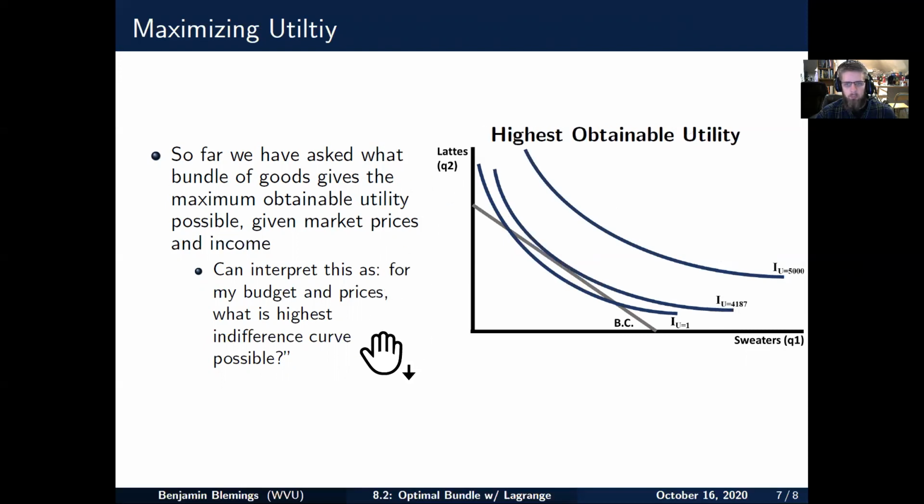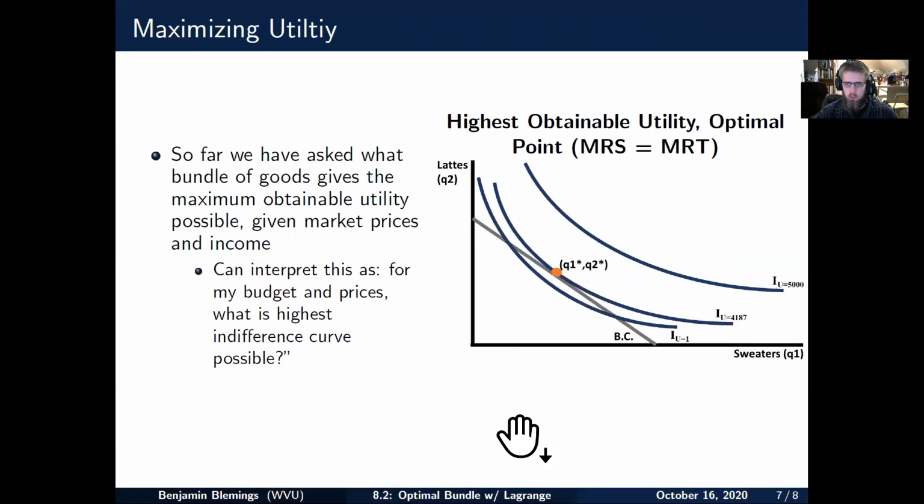And so the highest obtainable utility, which I'm calling U equals 4,187, just to make a point that utility is ordinal here, is that this indifference curve needs to be tangent to the budget constraint, which means their slopes are equal, which means that the slope on an indifference curve is the marginal rate of substitution, and the slope on the budget constraint we're calling the marginal rate of transformation. And so if those things are equal, then we say we have the optimal point, and Q1 star equals Q2 star. You guys are probably pretty familiar with that at this point.